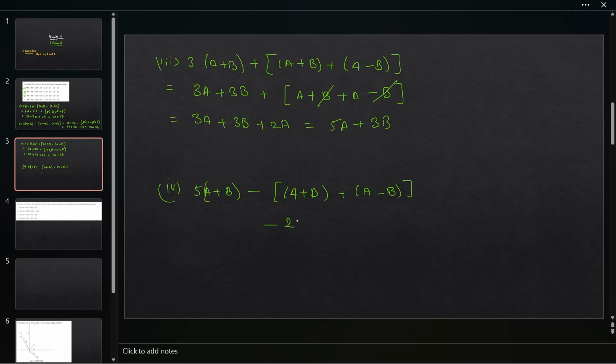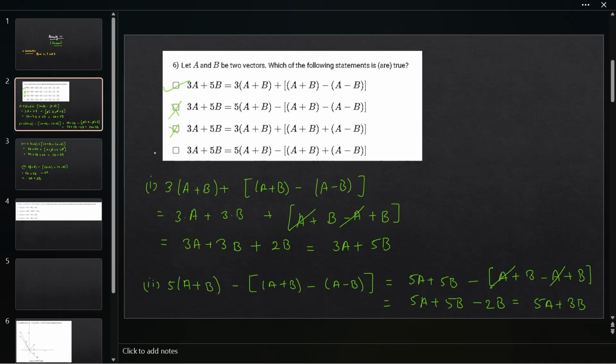So we can directly write it as minus 2A. We have 5A plus 5B, so 5A minus 2A will give you 3A plus 5B. So let's check whether it is correct or not. Yes, 3A plus 5B is correct. So in question 6, we have seen that option 1 and option 4 are correct. The rest of the options are incorrect.